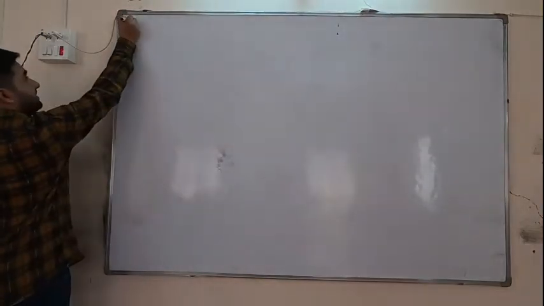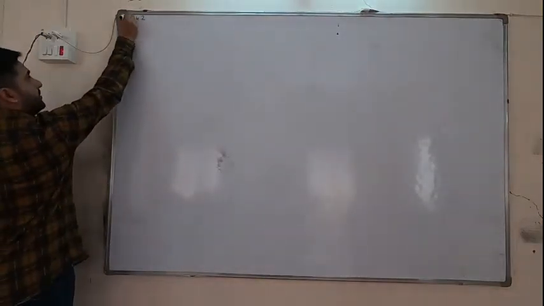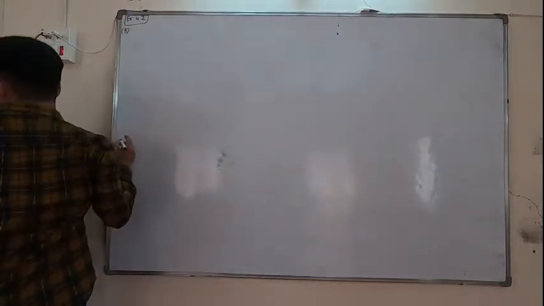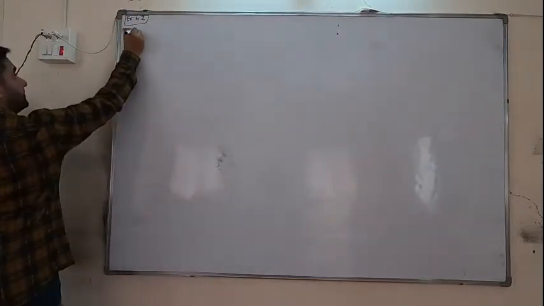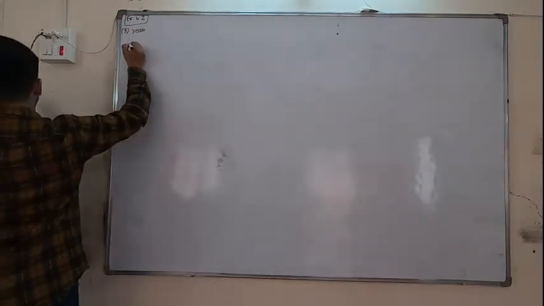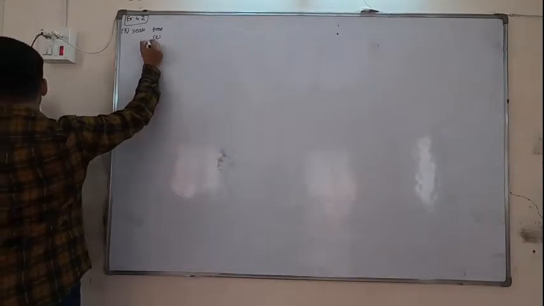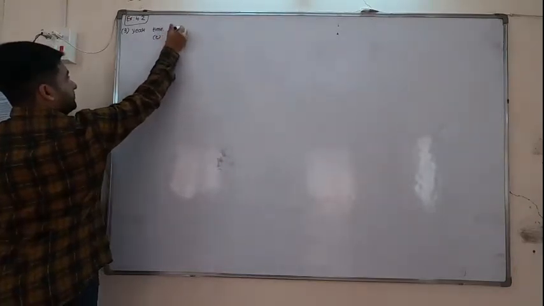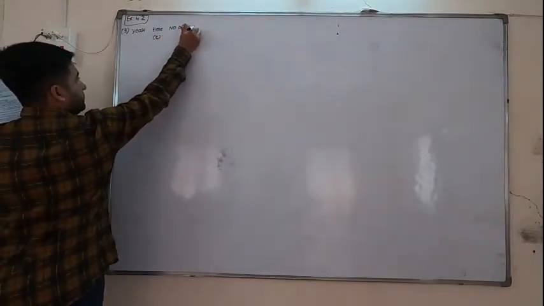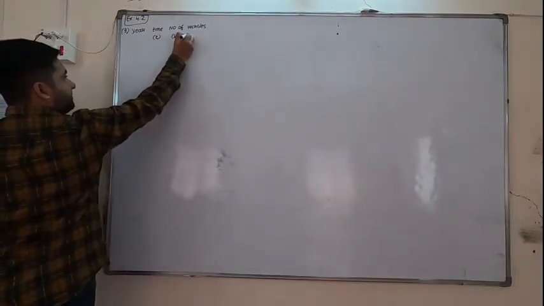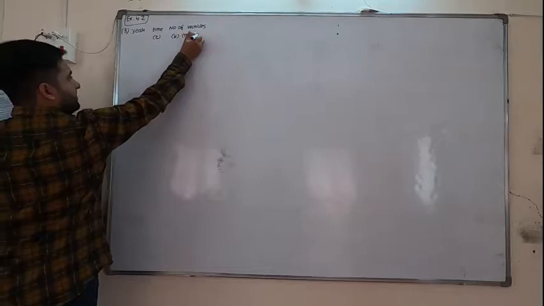Okay, so we are in exercise 4.2 and we are going for the third sum. Year after year, as you know, time is to be found. Number of vehicles, that is y, and they are in 1000.